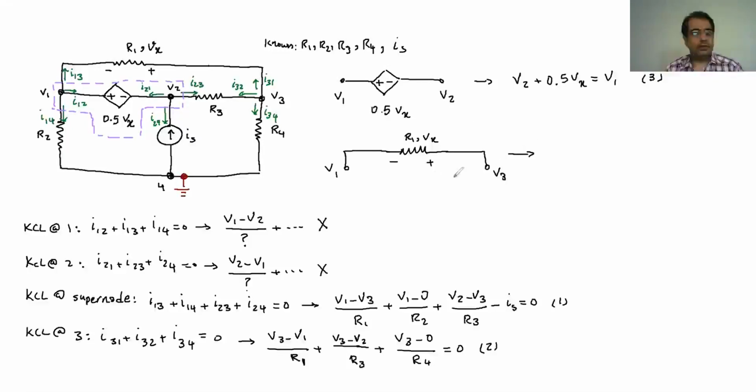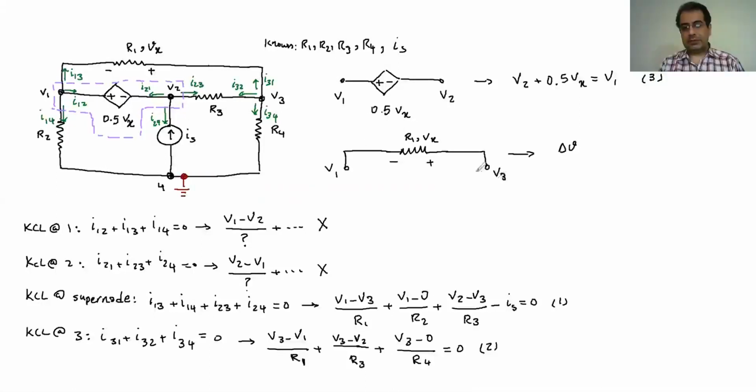Now, if I write the Ohm's law for this one, you look at that. I know that because it's positive, it's negative. The voltage across that resistance is going to be delta V, the difference between the two ends of that resistance.